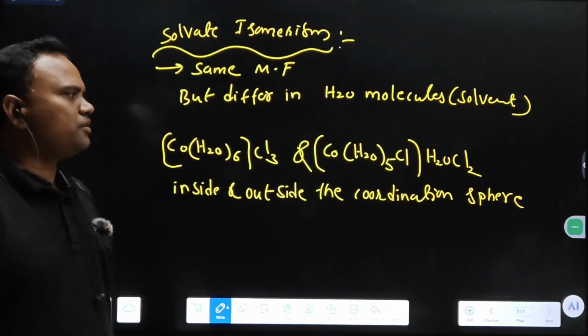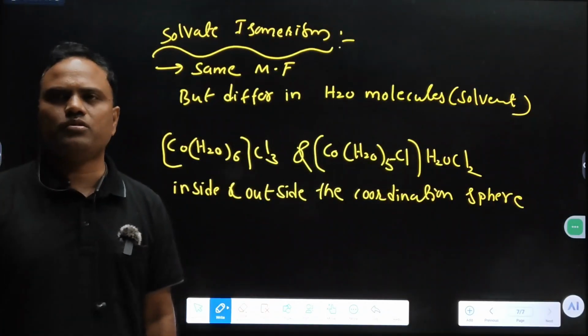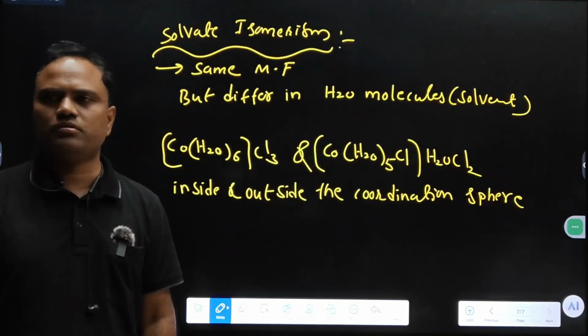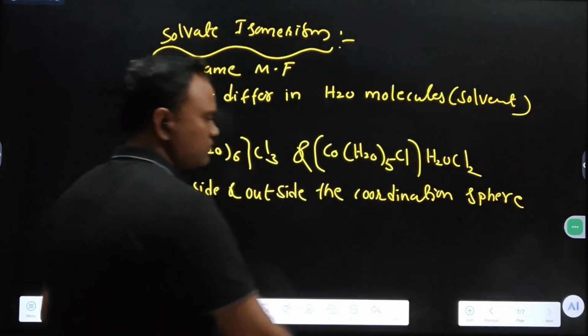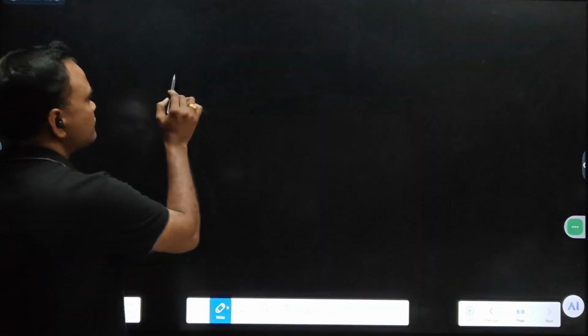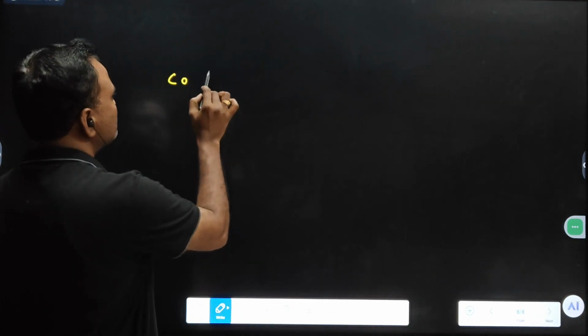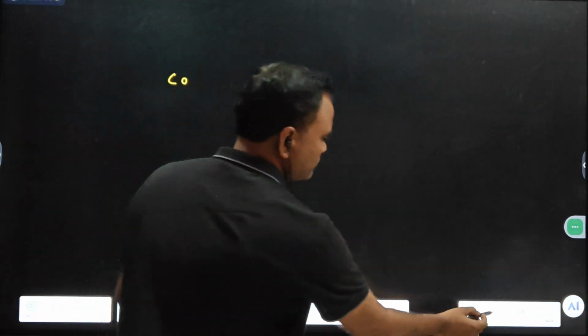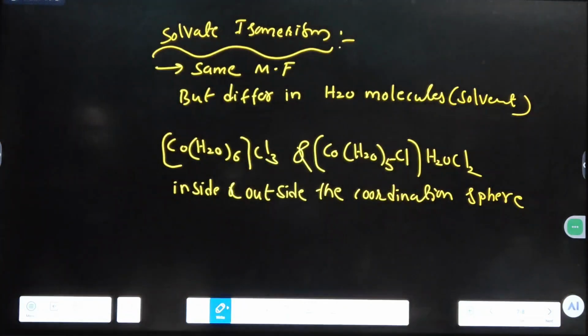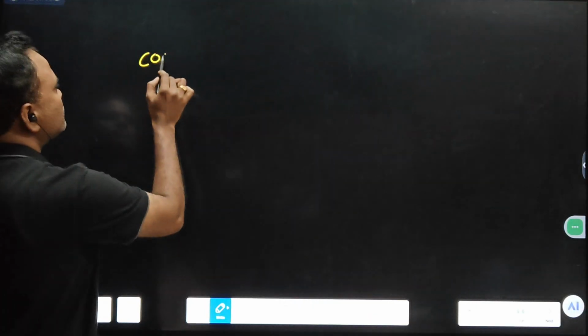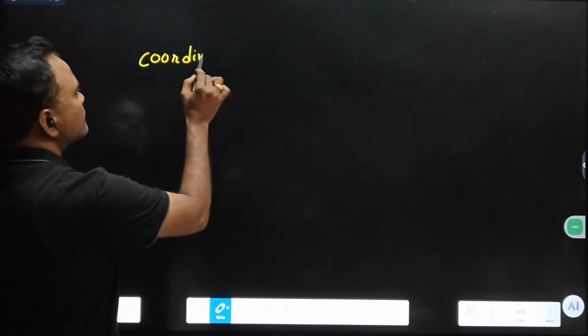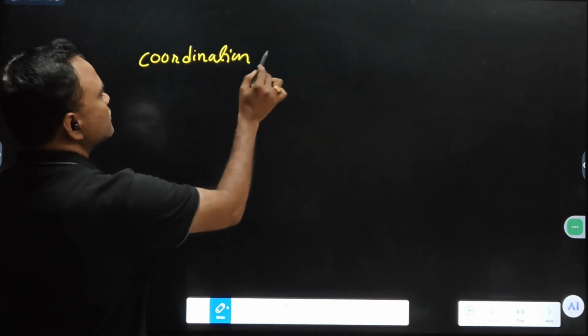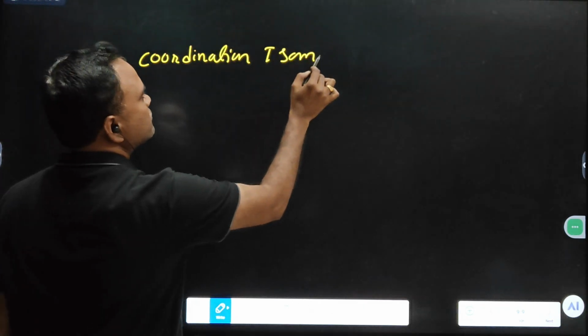I'll give you one example in which two types of isomerism are possible. Coordination isomerism.